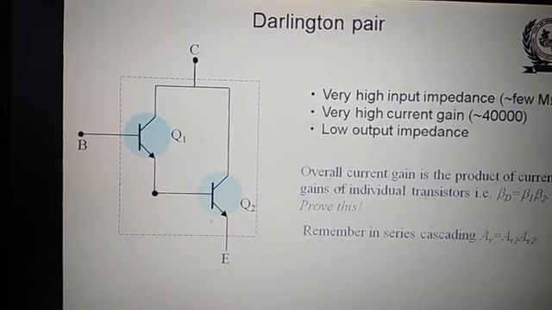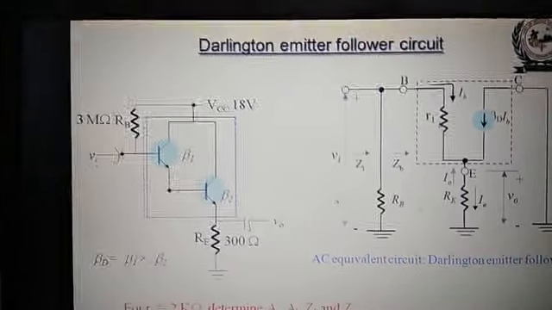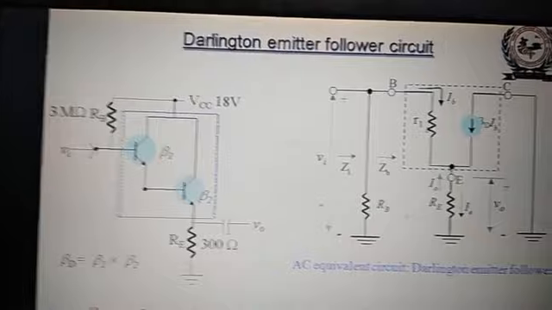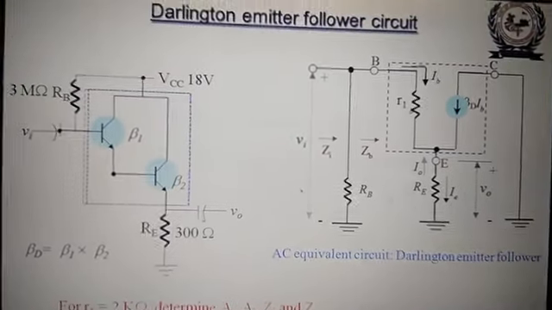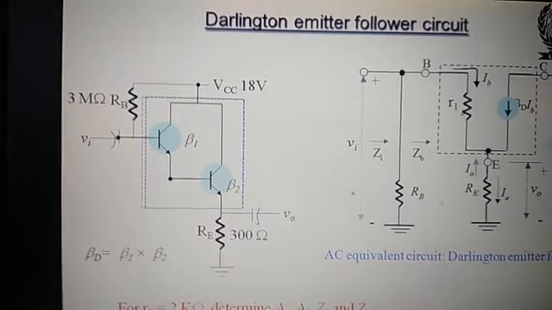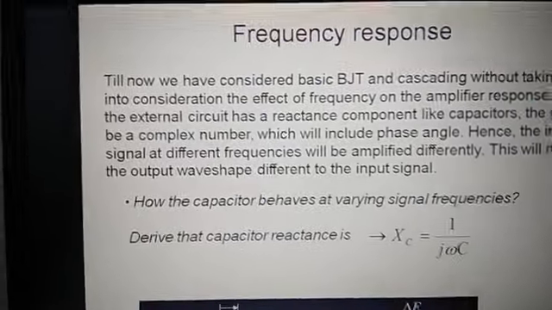These are the characteristics of the Darlington pair. Darlington pairs are emitter follower circuits. Here it is shown, and this is the analysis of the Darlington pair. No need to go into the details of the analysis. You must know only the circuit diagram.